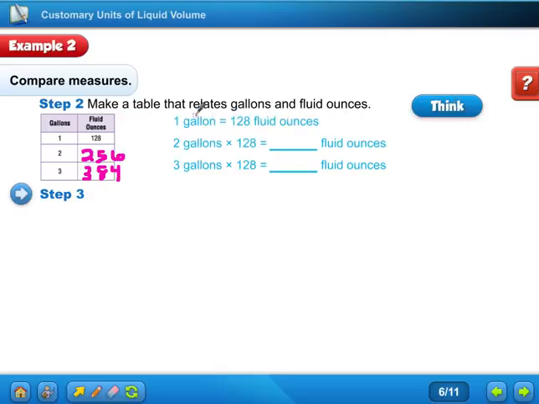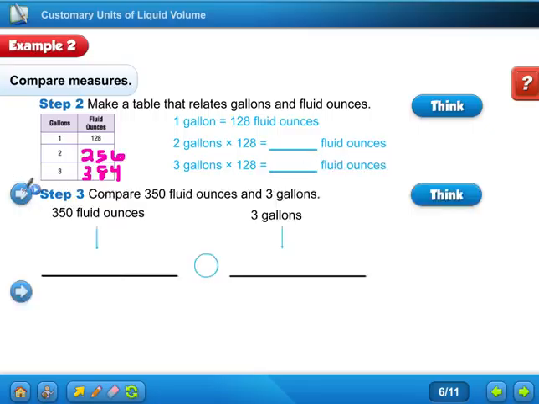Awesome job if you did. Very proud of you. So let's do the think again. We've done this before in the previous lessons. 1 gallon equals 128 fluid ounces. 2 gallons times 128 equals 256 fluid ounces. 3 gallons times 128 equals 384 fluid ounces.